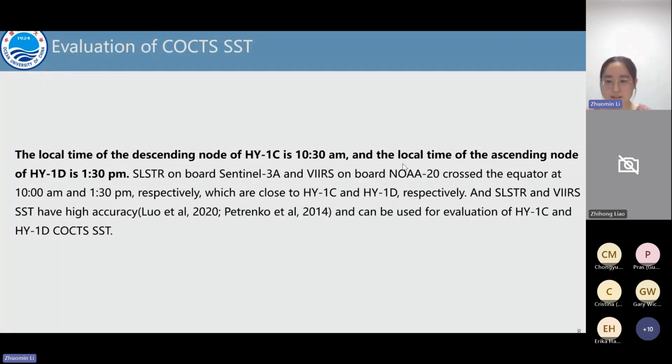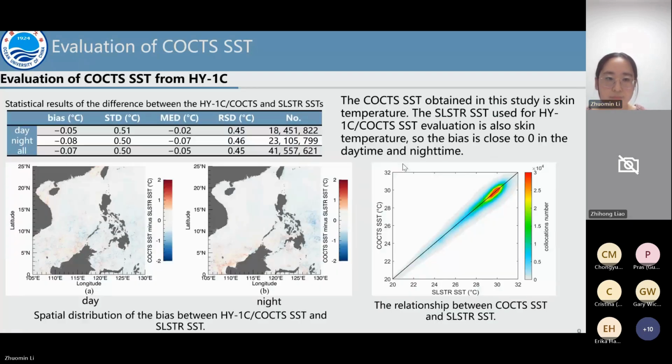And SLSTR and VIIRS SST have high accuracy and can be used for evaluation of HY-1C and HY-1D COCTS SST.